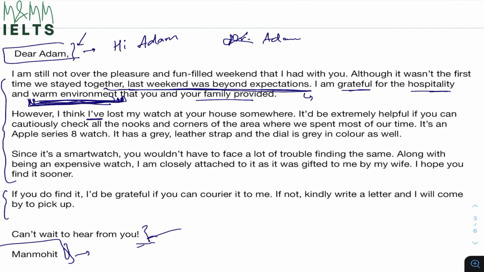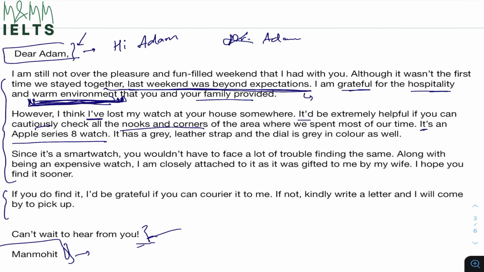It would be extremely helpful if you can cautiously check, a vocabulary word, cautiously check, properly check all the nooks and corners of the area. Nooks and corners, again, a phrase, of the area where we spend most of our time. It's an Apple Series 8 watch.